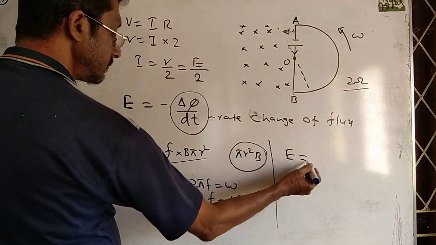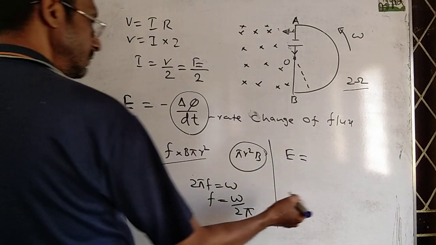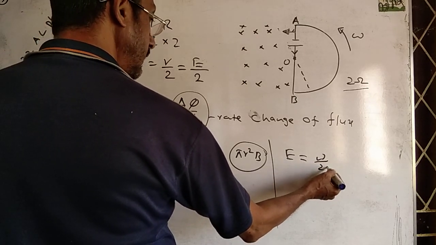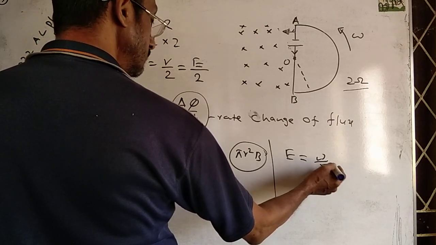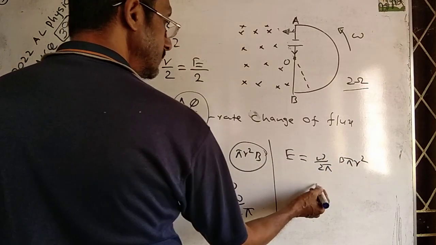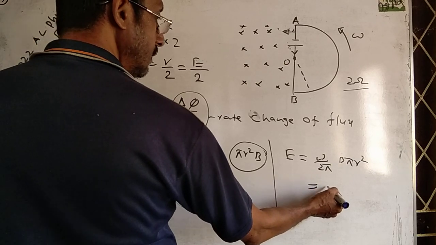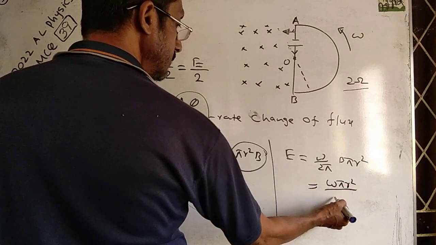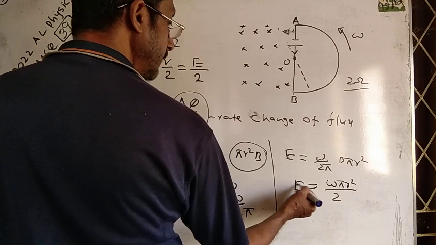E equals omega over 2 pi times B pi R squared. Therefore, omega B R squared over 2 is the EMF.